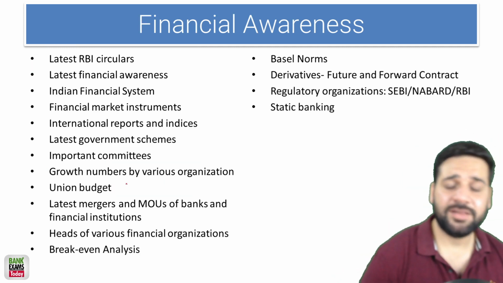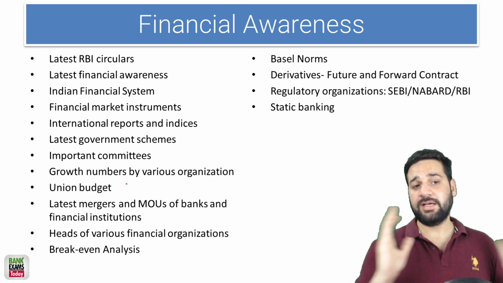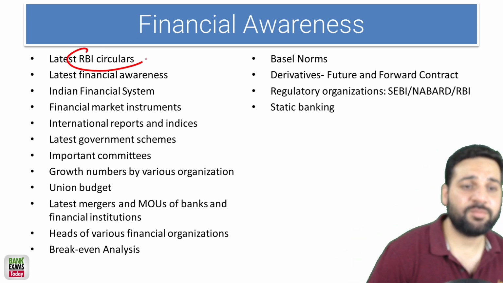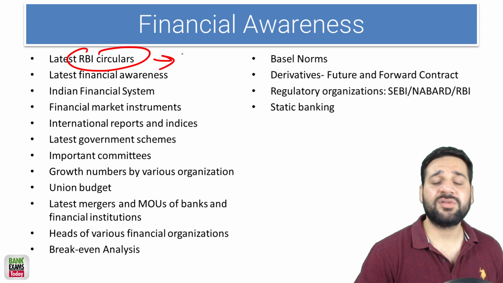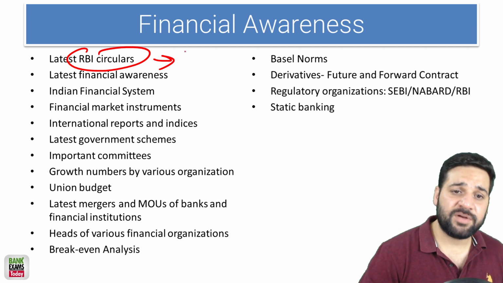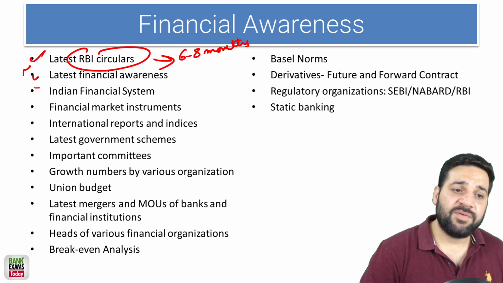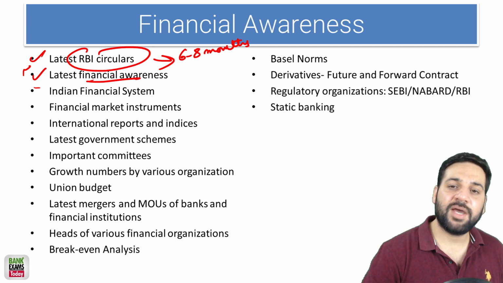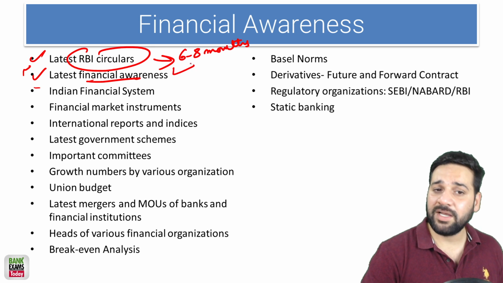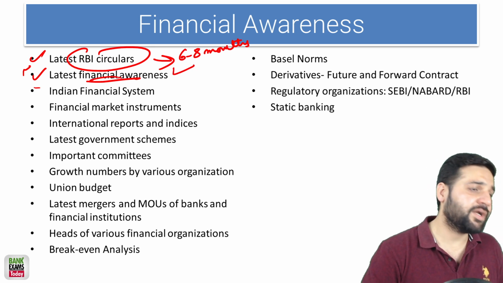That is why more students have come to see this section. RBI circulars are most important, I would say. Majority of questions would be from RBI circulars. Do the last 6 to 8 months of circulars, it is very important. Latest financial awareness, latest products, saving bank accounts launched by various banks, latest products, mobile apps launched by banks, very very important.